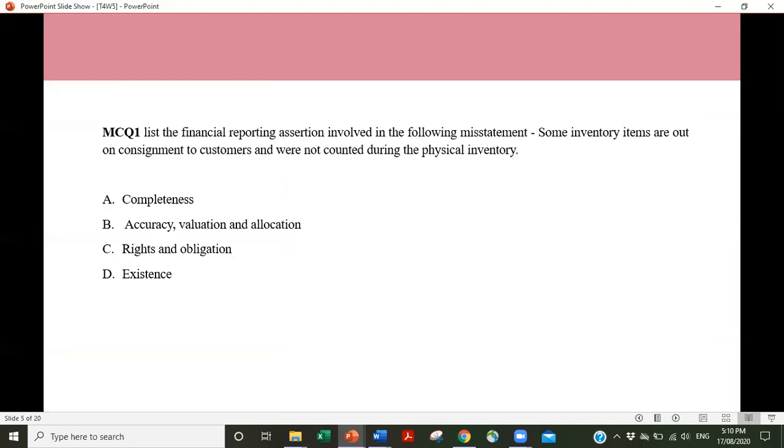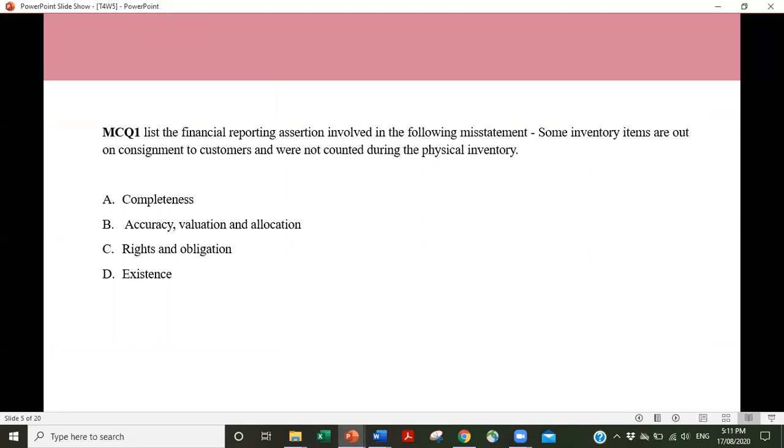The first one is related to some inventory items being out on consignment to customers and not counted during the physical inventory.